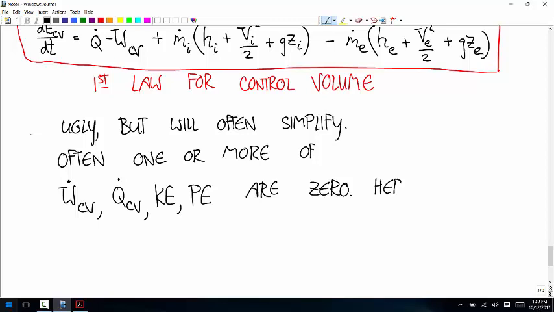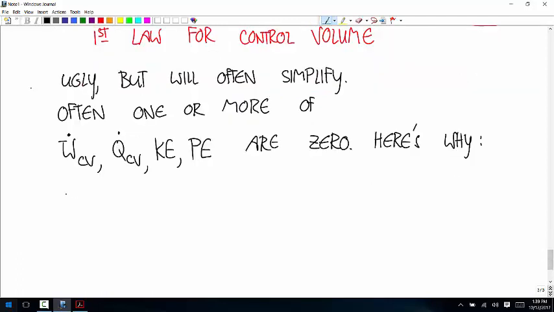And so here's why. So first, let's think about when Q dot, the heat added to the material in the control volume, is equal to 0.